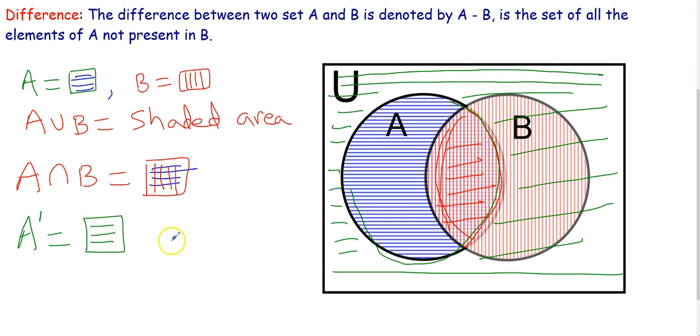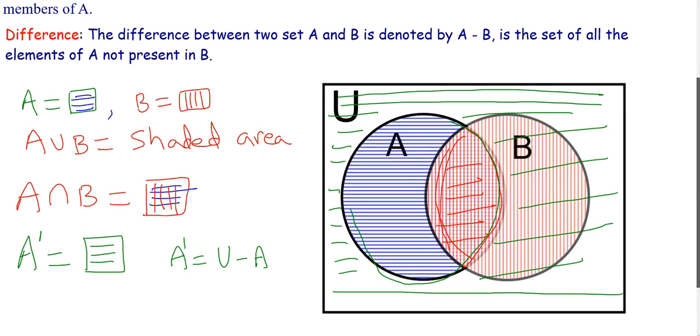Mathematically, I can write it as a formula, of course, U minus A. From the universal set, take away the set A, that gives you A complement.